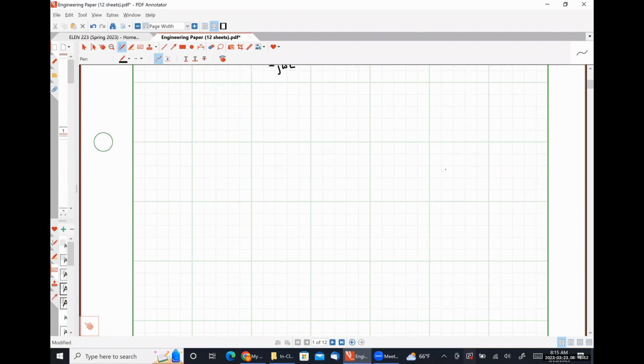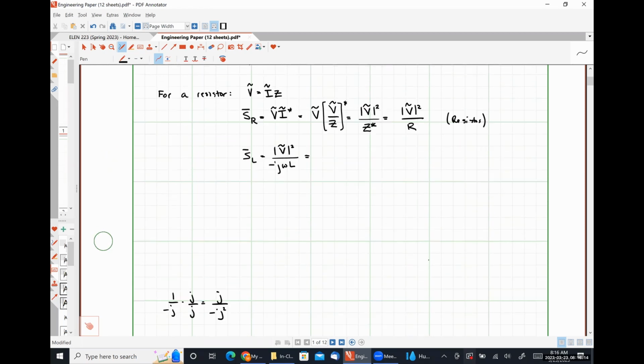I'm going to erase this little thing. I'm just showing you a proof here. So 1 over negative J. If we multiply that by J over J, what we get is J over negative J squared. What's negative J squared? Positive 1. So 1 over negative J is the same thing as positive J in the numerator.